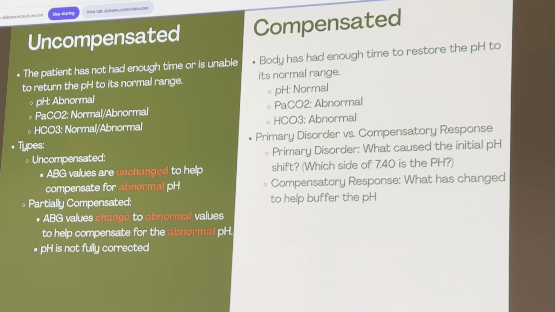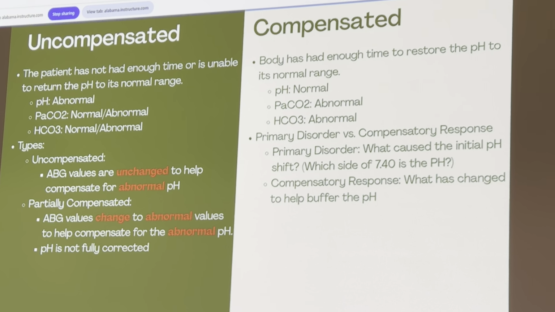What's causing that pH to jump off one way or the other? It can be a little bit difficult, if my pH has gotten back into normal range, to fully determine what the deciding factor is. And so we really break down our pH reference range of 7.35 to 7.45 in half.